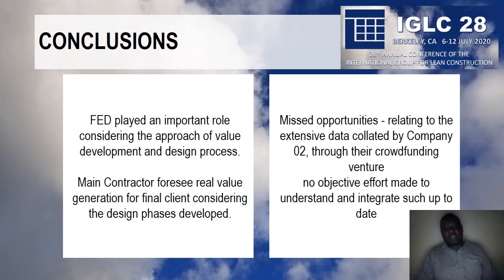In conclusion, there are 4 main observations. The first 2 relate to the positive observations, and the last 2 relate to those concerns that we identified in our research. First of all, front-end design as a practice was identified as a process within the development of this project, and it can be concluded that it contributed to value generation during design.